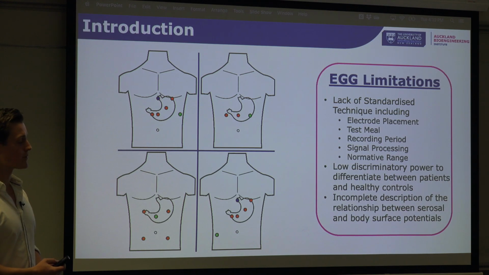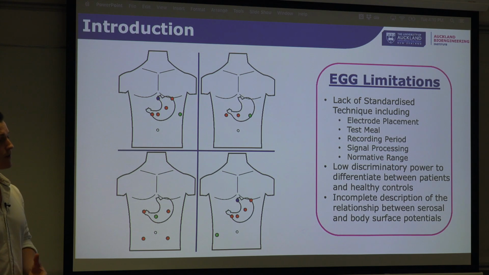They haven't actually been able to give clinicians any diagnostic information, which is why it hasn't been widely adopted globally. Some of the big limitations of the EGG is the lack of standardized techniques. This includes electrode placement, test meals, recording periods, signal processing, and the normative range that we define as normal.